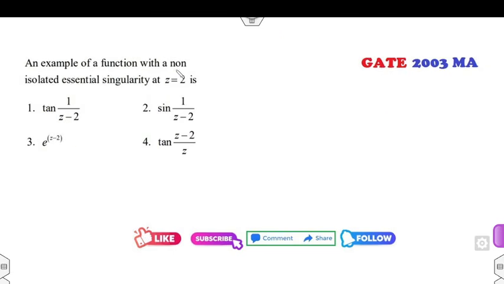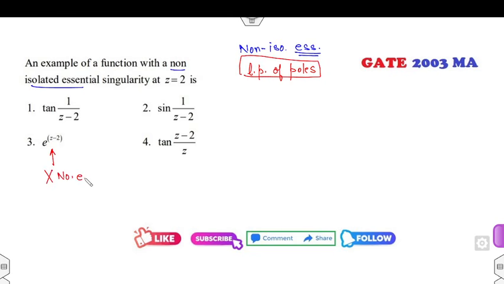The example of the non-isolated essential singularity. Remember, non-isolated means you have to find the limit points of the poles. Fine. Limit point of the pole, that means the denominator. You can see there is no essential. What is the definition of essential? You have an infinite number of terms which involve 1 over z minus z0.